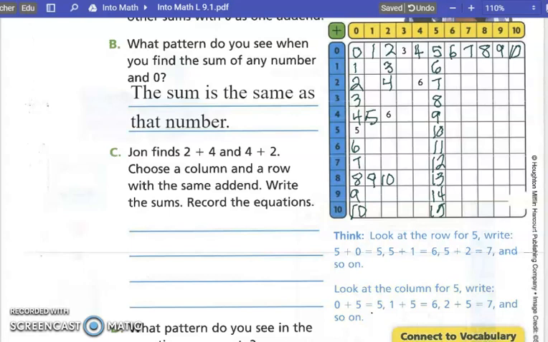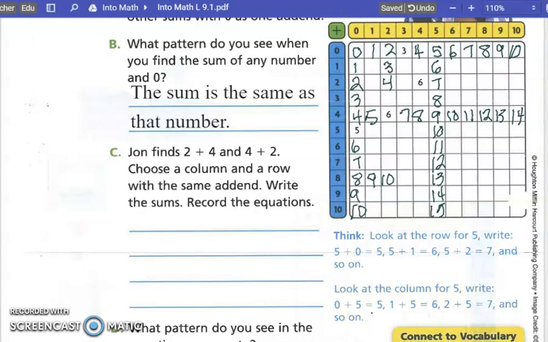4 plus 3 was, yes. 4 plus 4 is 8. And then 4 plus 5 is, and 4 plus 6 is, 4 plus 7 is, 4 plus 8 is, 4 plus 9 is, and 4 plus 10 is. Okay.